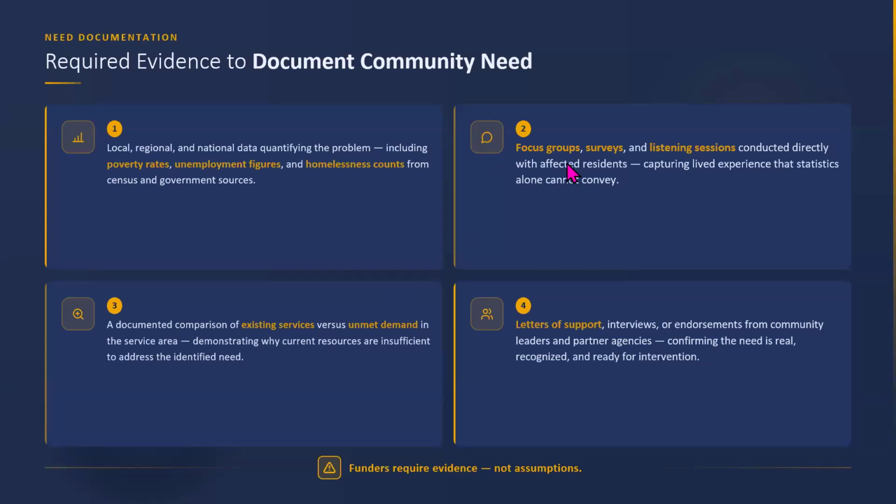So focus groups, surveys, and listening sessions are conducted directly with the affected residents. They capture lived experience that statistics alone cannot convey. This is when we do a subjective type of information gathering.